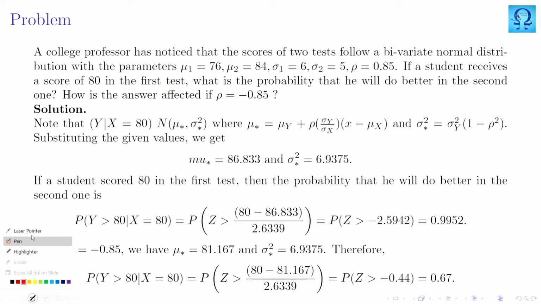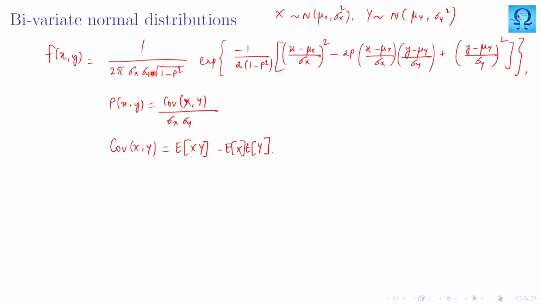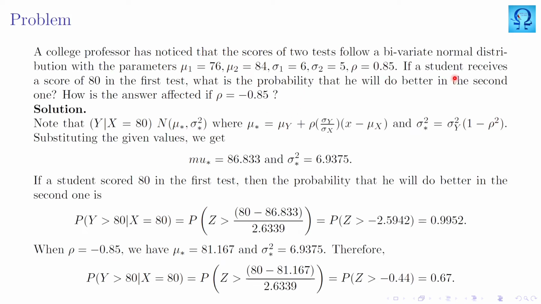The question tells us that a college professor has noticed that scores of two tests follow a bivariate normal distribution with 5 parameters. If we look back at the definition, it involves 5 different parameters, and all these parameters are given to us.